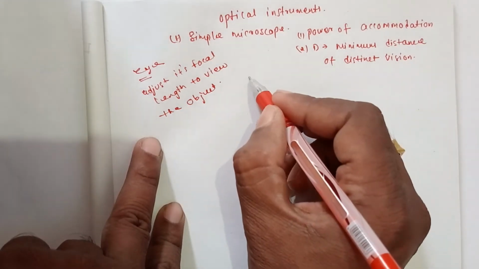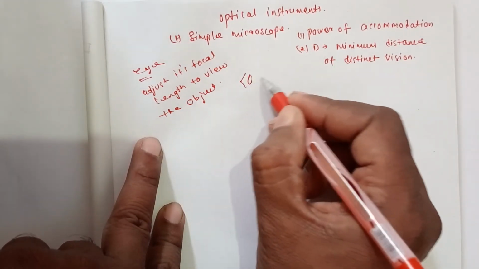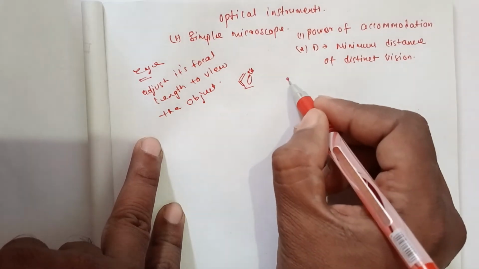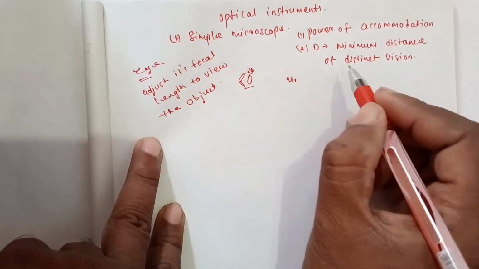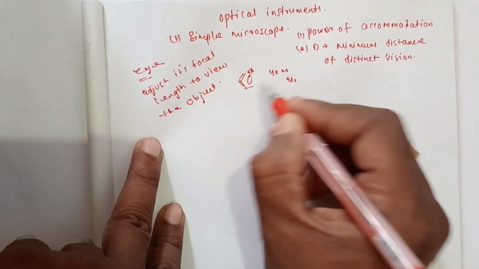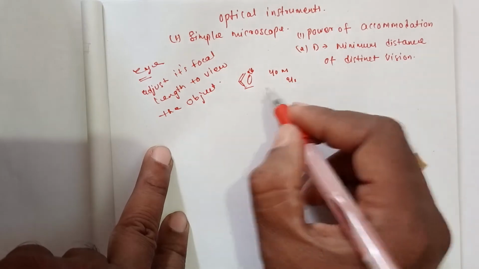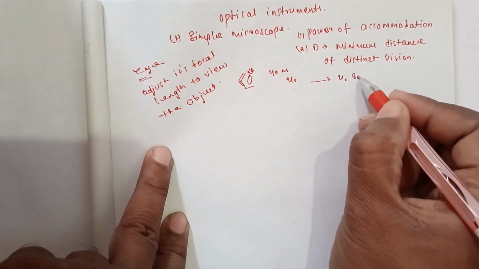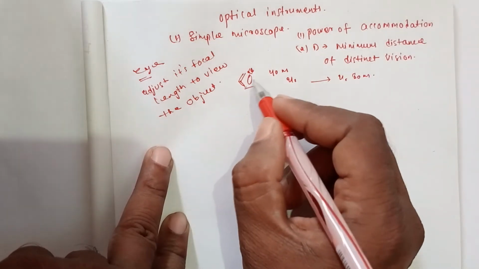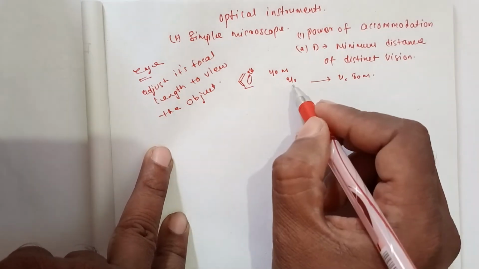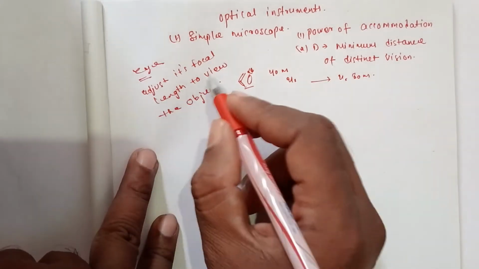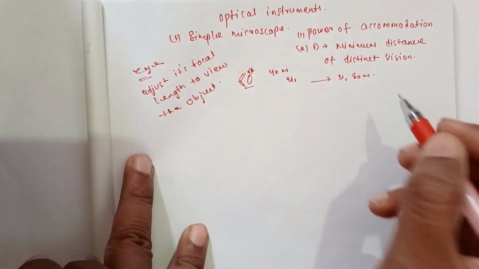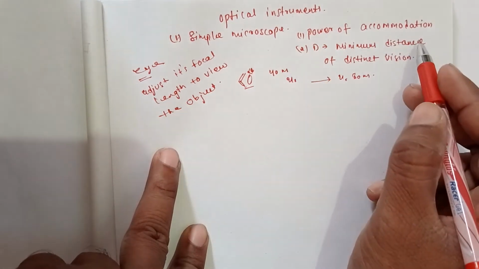Suppose this is the eye, and the object u naught is placed 40 meter from it. I can see it. If the object is displaced to 80 meter, the eye is going to adjust its focal length from 40 meter to 80 meter. This is known as the power of accommodation. The adjustment of focal length according to the object distance is called power of accommodation.